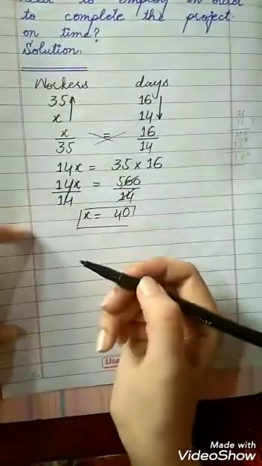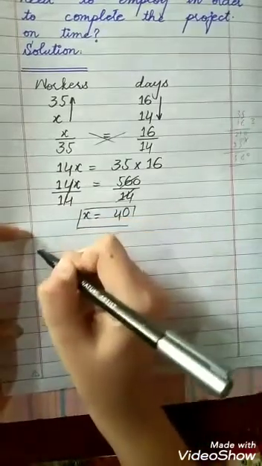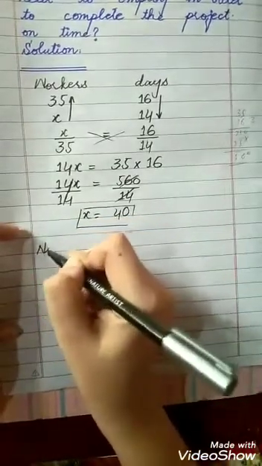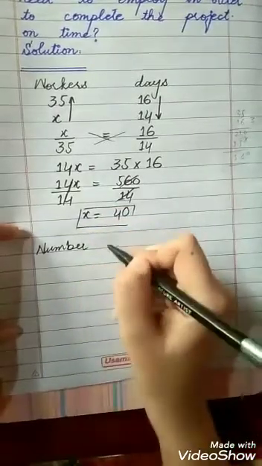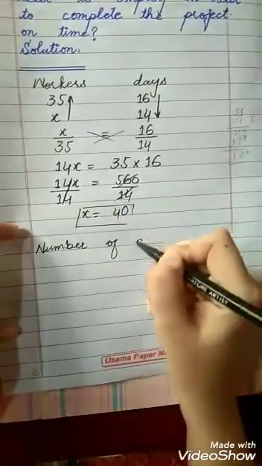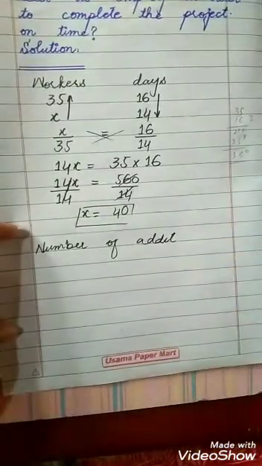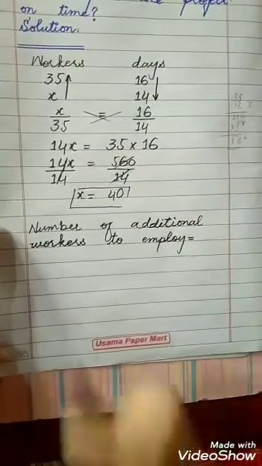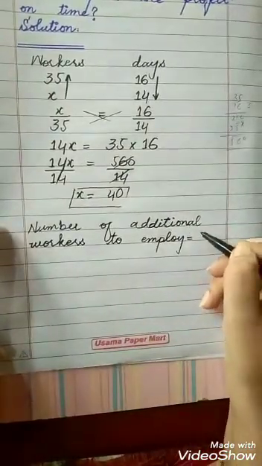Now the number of additional workers. How many workers are we already having? Because they are saying we have to find the additional workers. The number of additional workers to employ, we have to find how many workers.